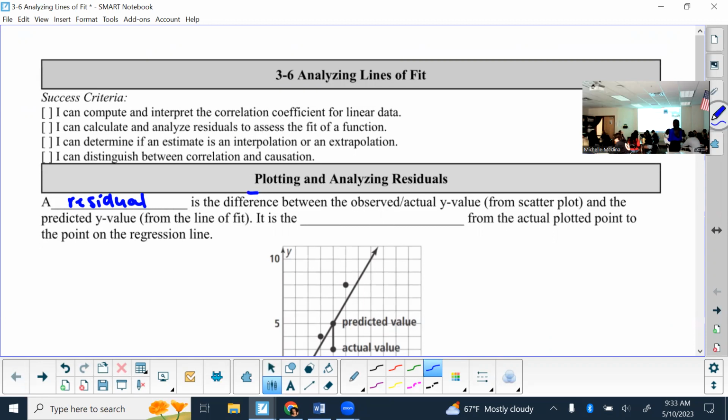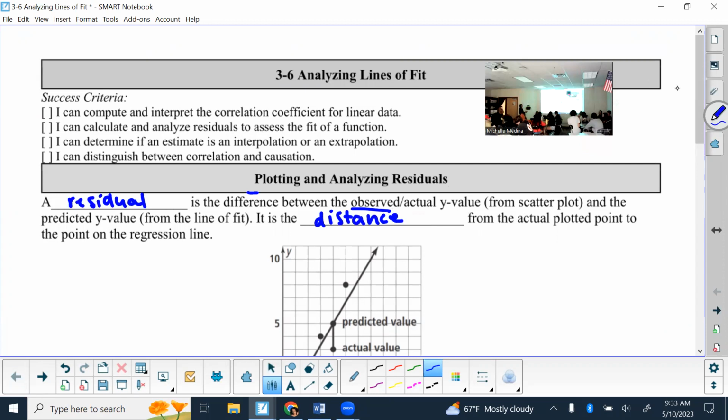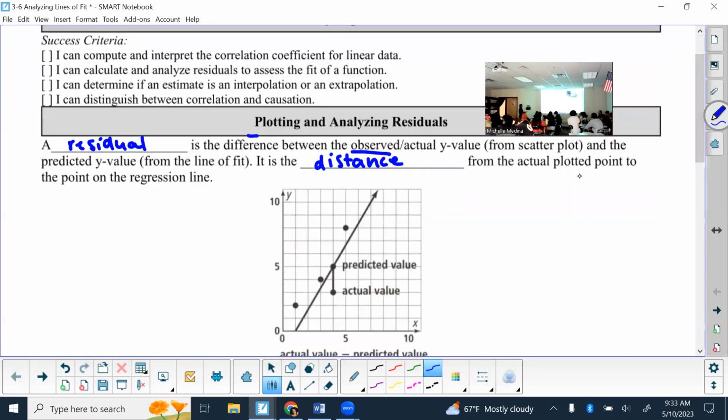Observed would be like if you actually did the experiment or collected the data, that raw data. And then predicted is from the trend line. It is also the distance from the actual plotted points, so like the actual dot, to the area on the regression line, so to the line itself.